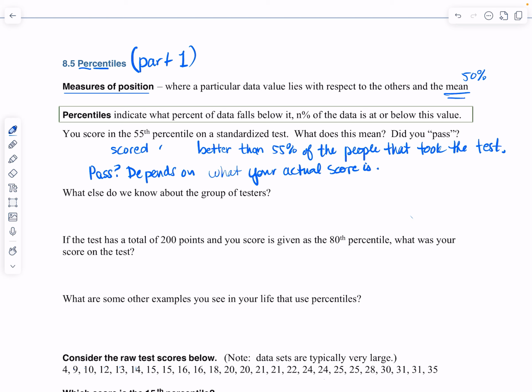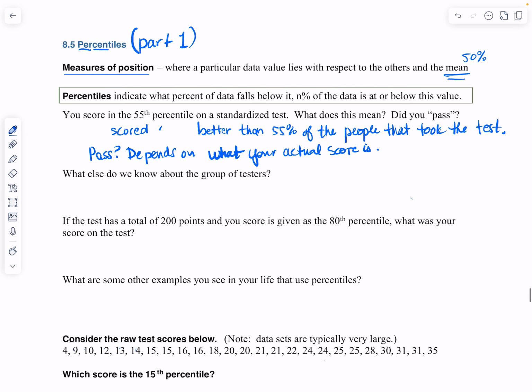Remember that percentile just gives you a ranking. It does not tell you what your actual score is. What else do we know about the group of testers?